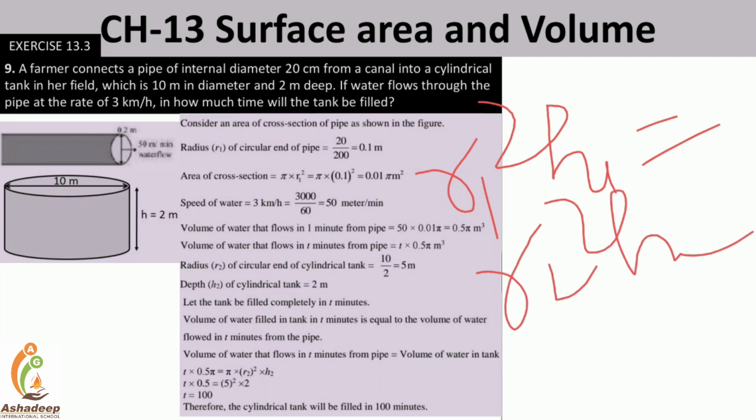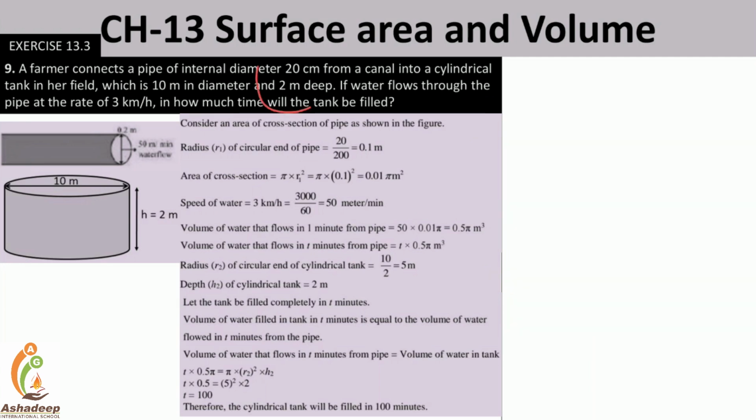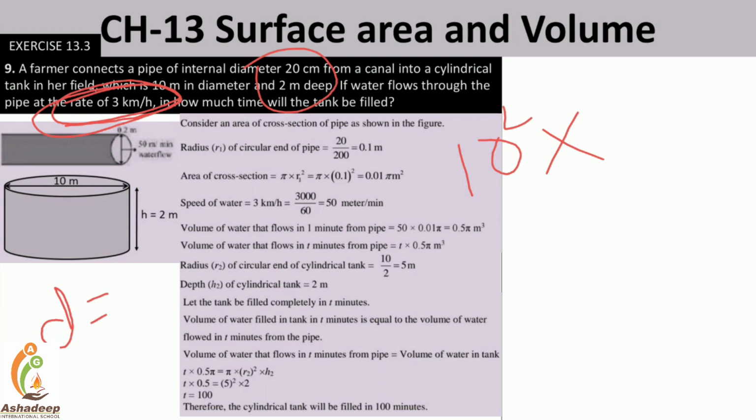Now what is R1? R1 is nothing but 10, so 10 squared multiplied by H. Here the rate is given, so it is the speed. Speed is distance upon time. Now what is the speed?